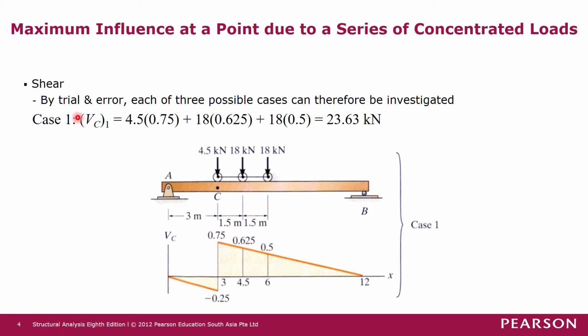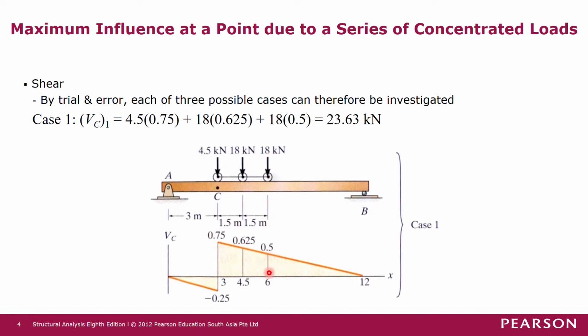Case 1, the arrangement of load is like this. One of the point loads, this 4.5 kilonewton load, is just to the right of C, meaning it has not moved past point C, it is just about to pass point C. The 18 kilonewton load is here, and the other 80 kilonewton load is here.